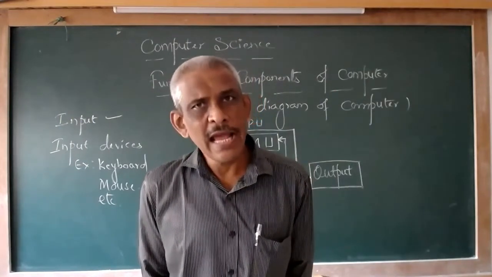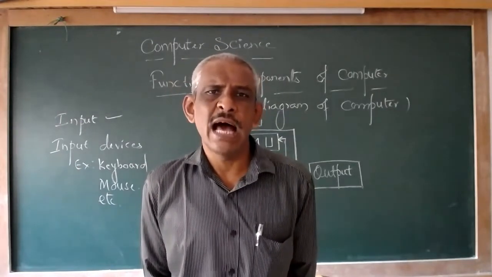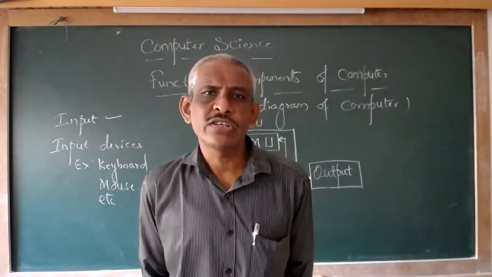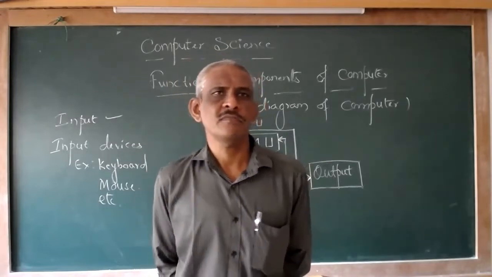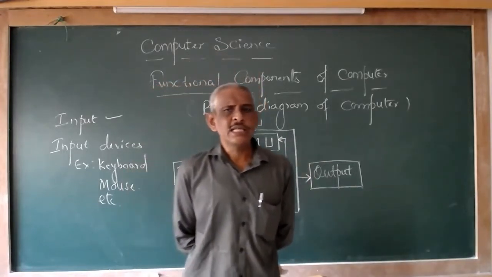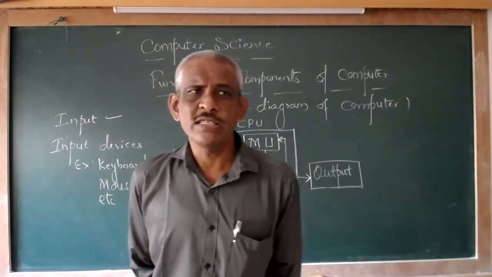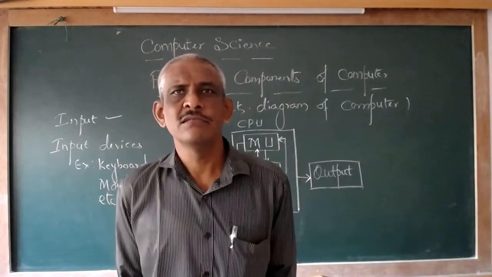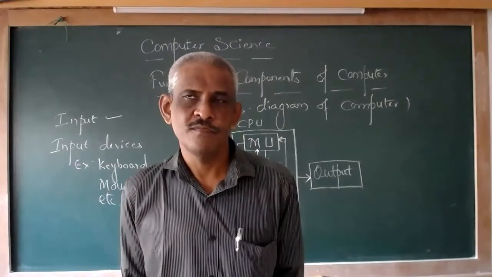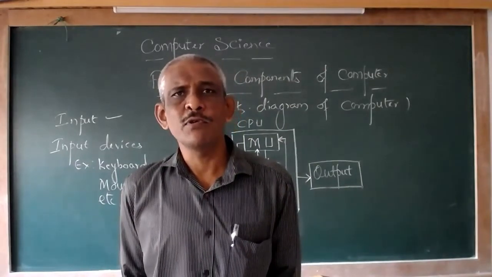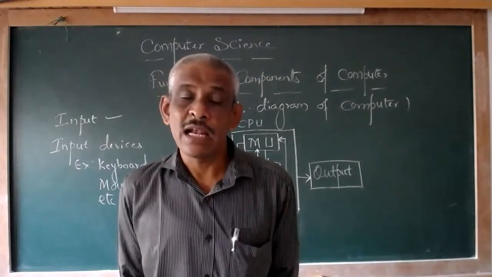The ALU performs all the arithmetic operations like addition, subtraction, multiplication, and division. And it also performs the logical operations like AND, OR, NOT. This unit is responsible for performing any type of calculation.